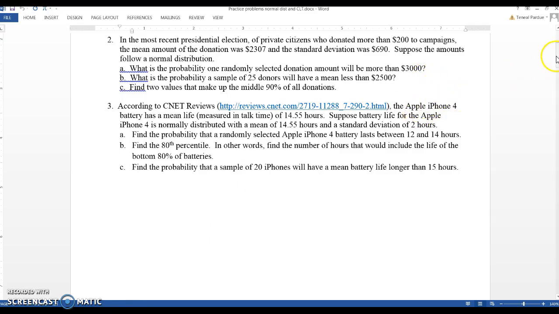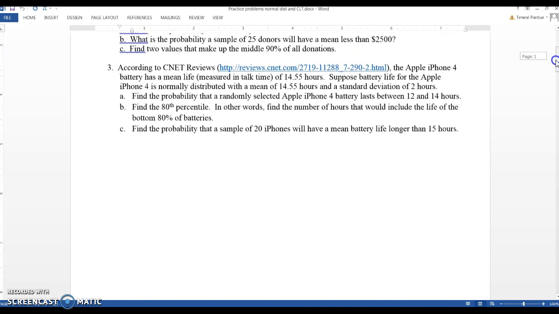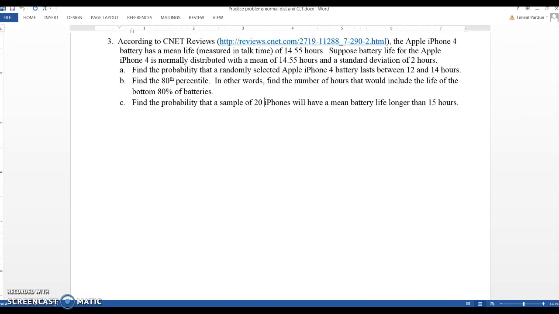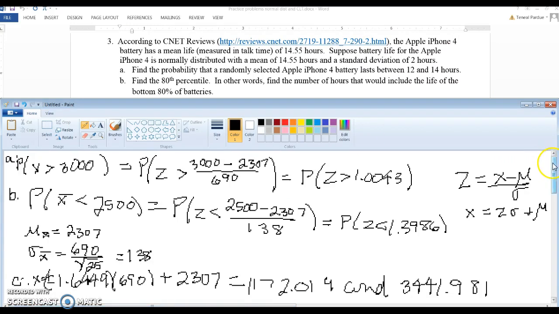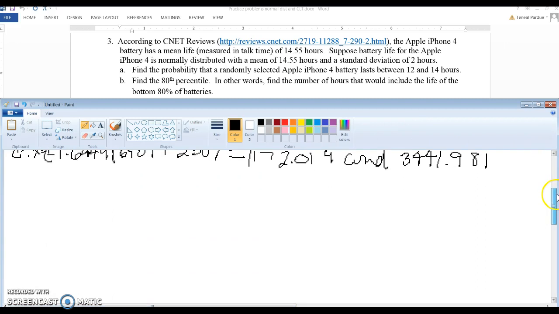All right, so now moving on to question 3. Question 3, very similar.